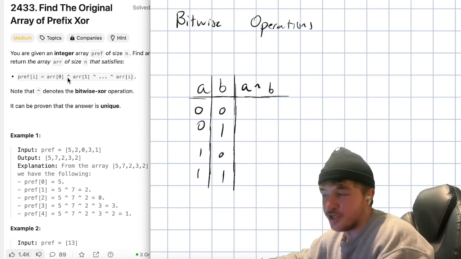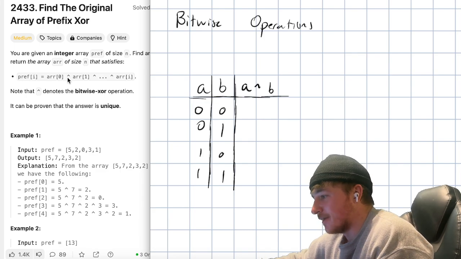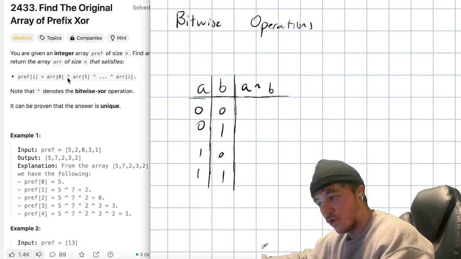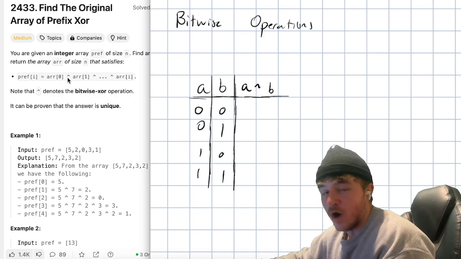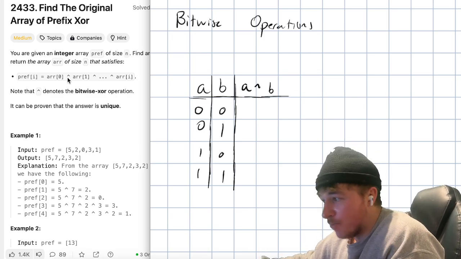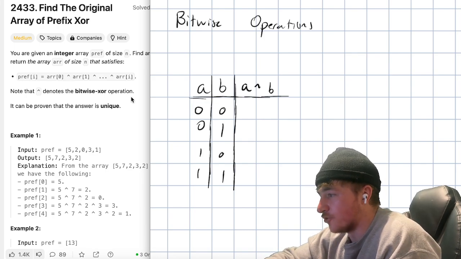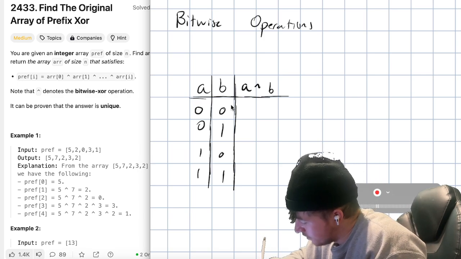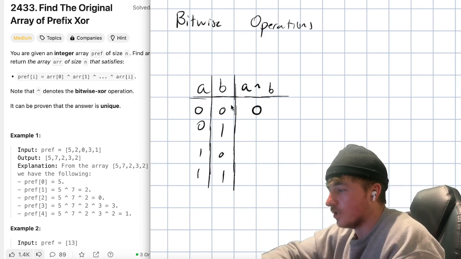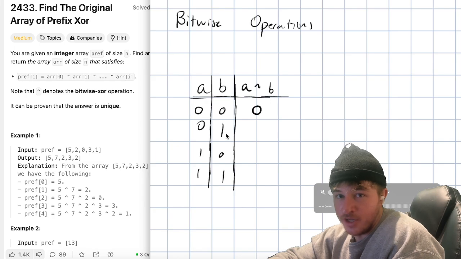An XOR operation is essentially when something evaluates to true or 1 when one or the other is true, but not both. Okay, so is one or the other true in this example? No, it's 0 and 0. So 0 XOR 0 is 0. 0 XOR 1 is one or the other true, but not both.